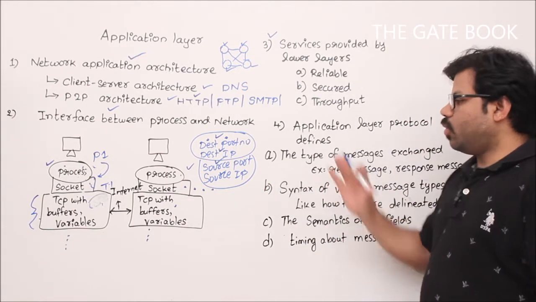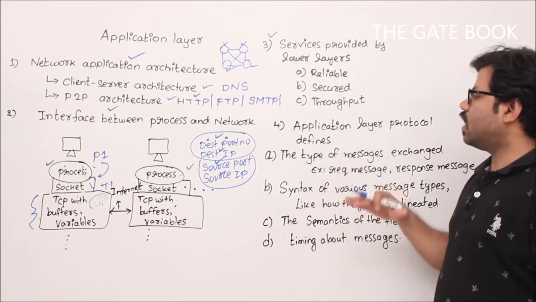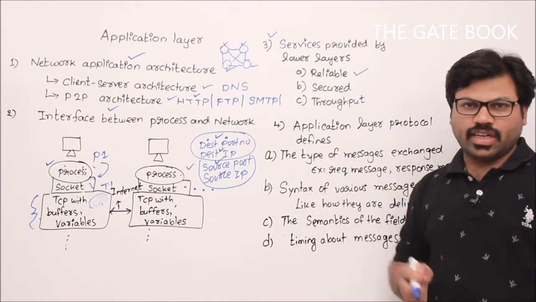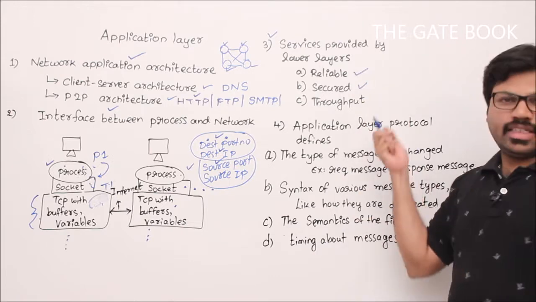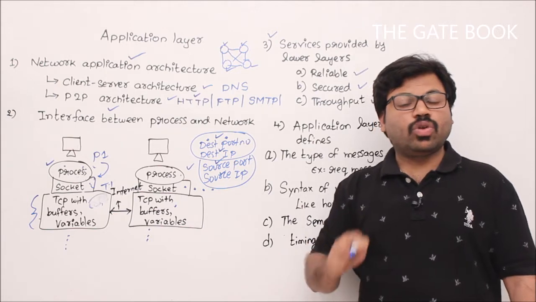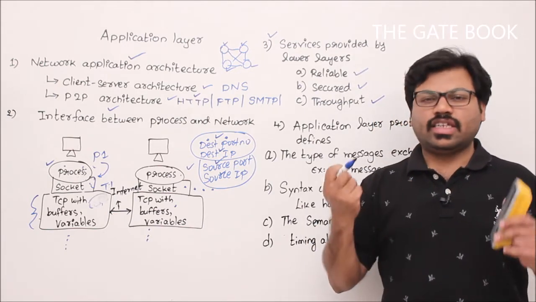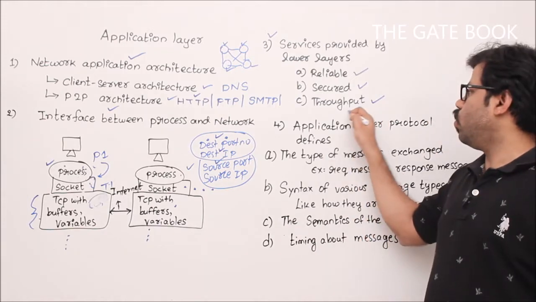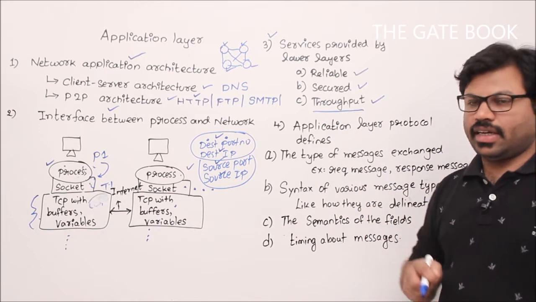Now forget about individual things. The services your transport layer can provide are reliable connection, example TCP, secured connection like SCTP, and high throughput. If you want throughput, go for UDP, because there is no connection establishment, so your data will be forwarded quickly, so your throughput will generally be guaranteed.